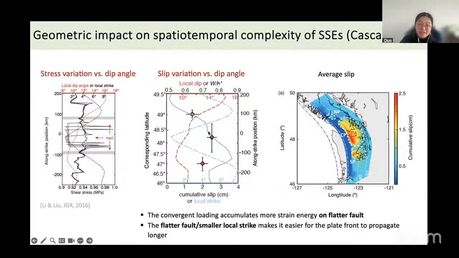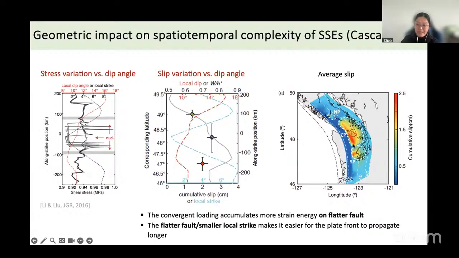So we can see the maximum cumulative slip likely appears with a relatively flatter and shallow dipping part of the fault, and where the smaller patch is consistent with when the fault dipping angle or the along-strike angle change rapidly.